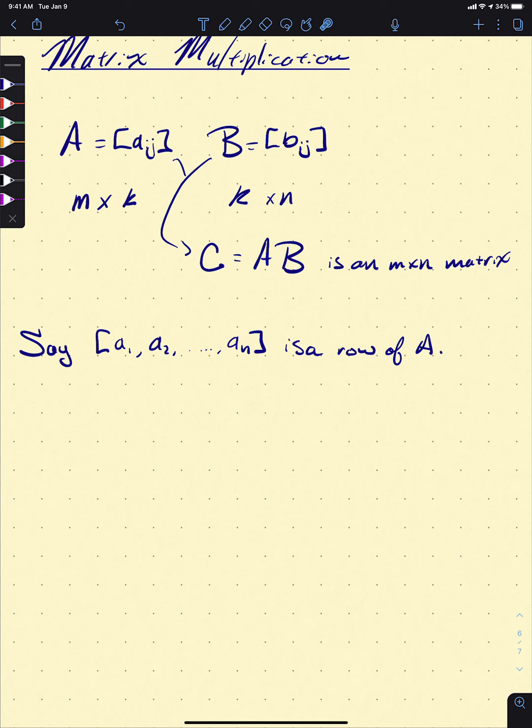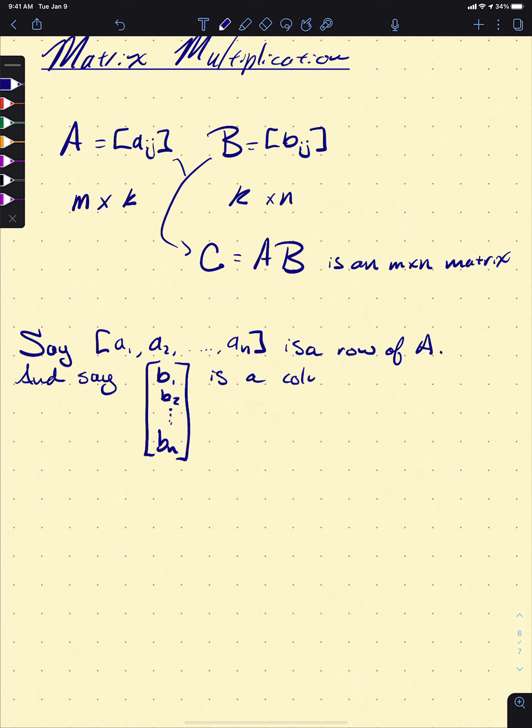And say B1, B2, all the way to Bn is a column of B. I'll switch the letters so it talks with the previous thing we wrote better. So we have this row of A and the column of B.